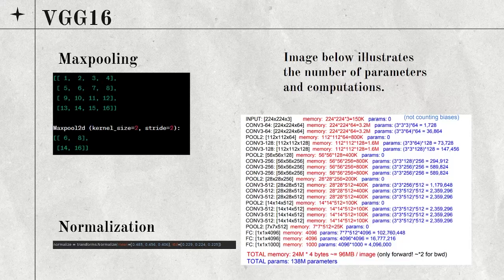Since the stride is 2, the next position to scan is 3, equal to 1 plus 2. Therefore, the next set of numbers to examine is 3, 4, 7, 8, and the max value is 8, so the second output will be 8, and so on.